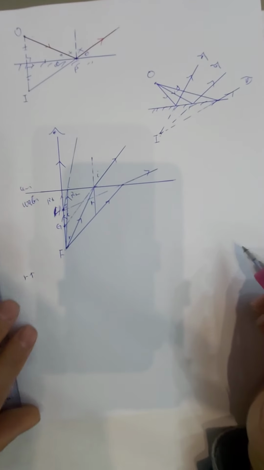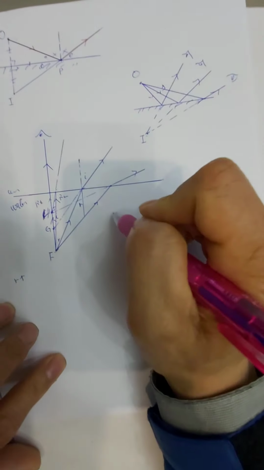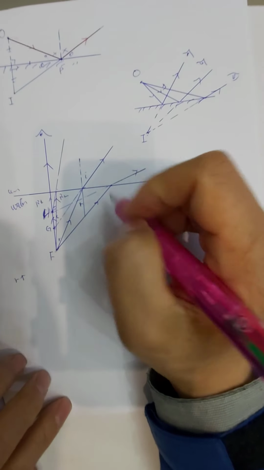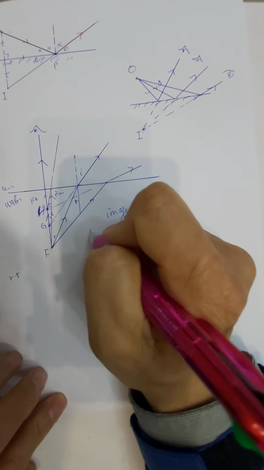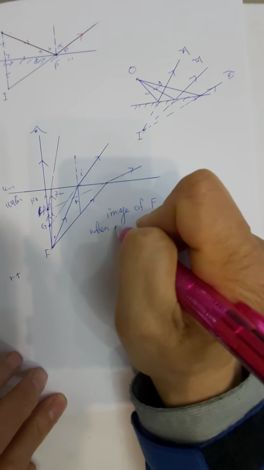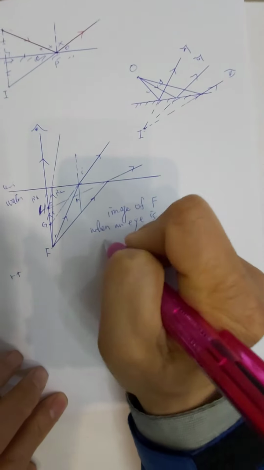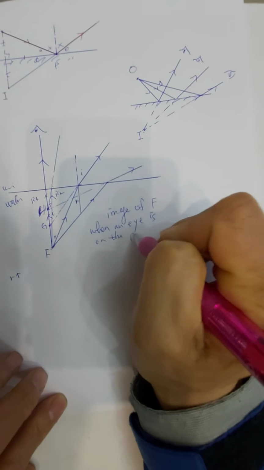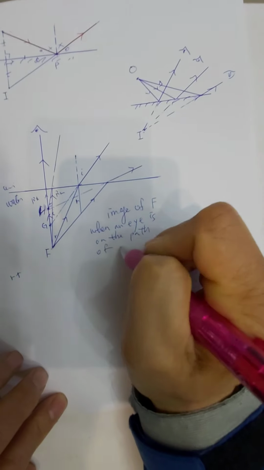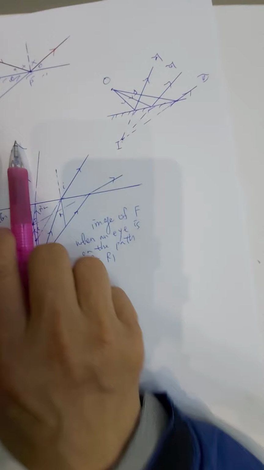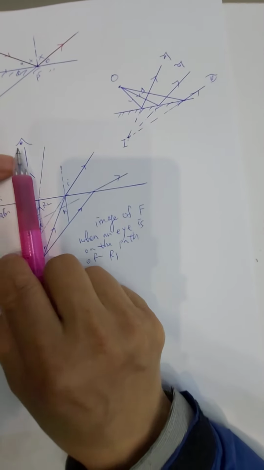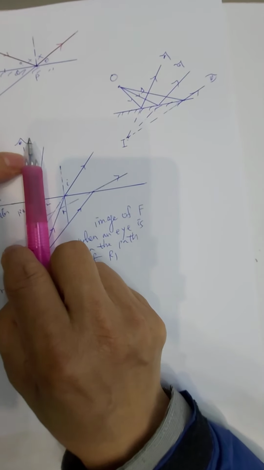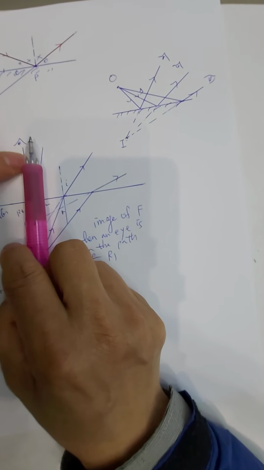So the image, be careful, the image as seen by this eye. So the image of F when an eye is on the path of R1. How to define that? We want as little ray as possible. So ideally, if there is something called the next ray, the neighboring ray, it is all right.